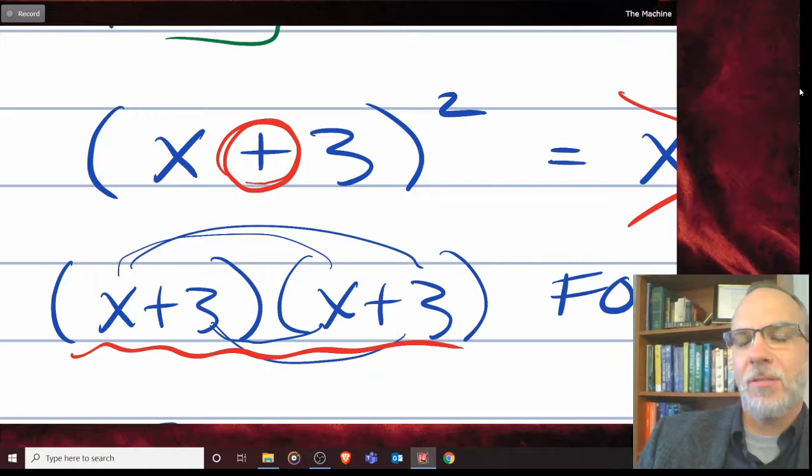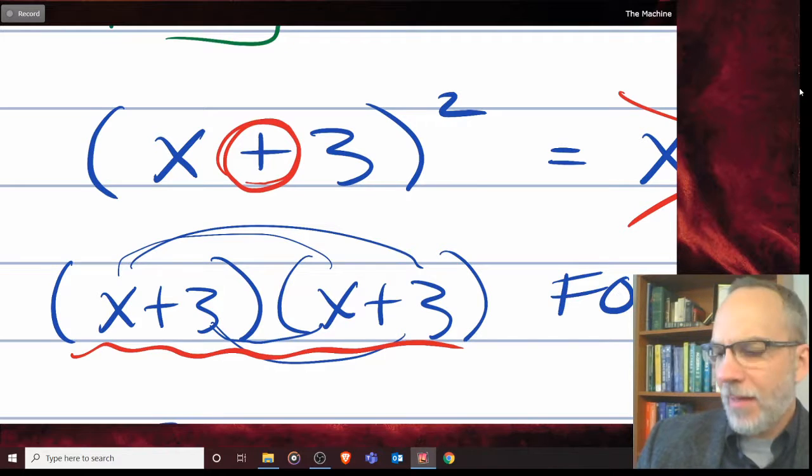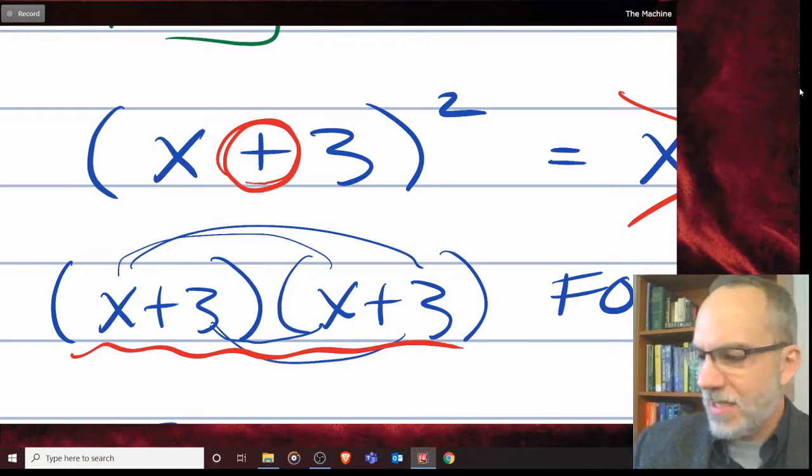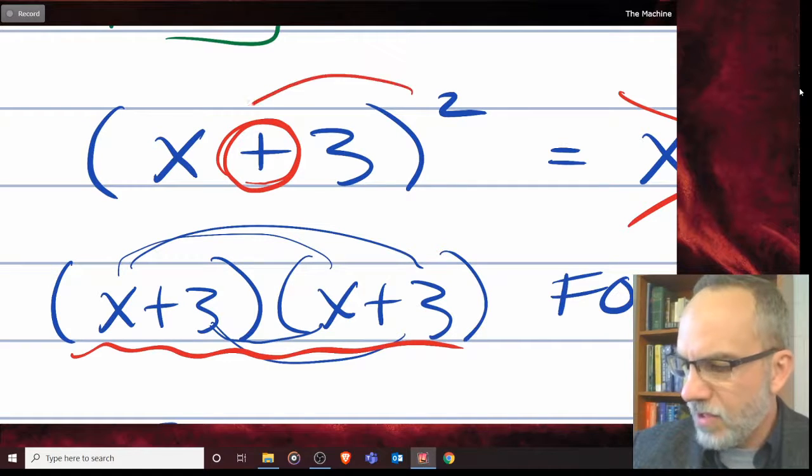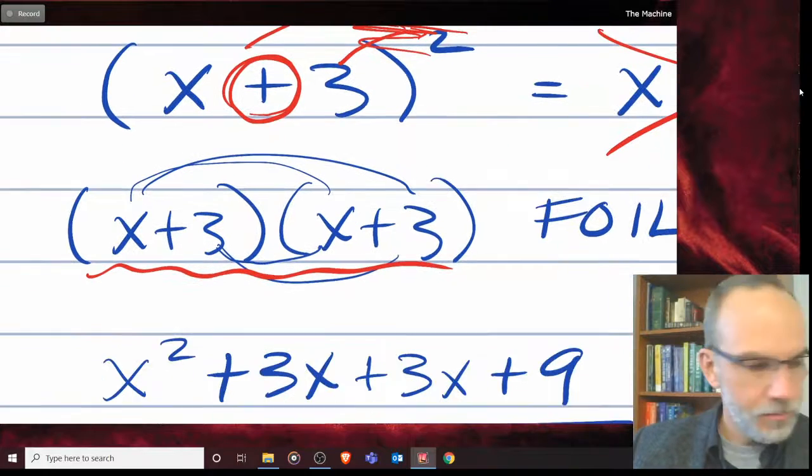Now, there is a little special multiplication formula or pattern for this, but I don't want to get into that right now. But anyway, be mindful of simply squaring the pieces of something added or subtracted. You can't just do that. You've got to actually multiply it out.